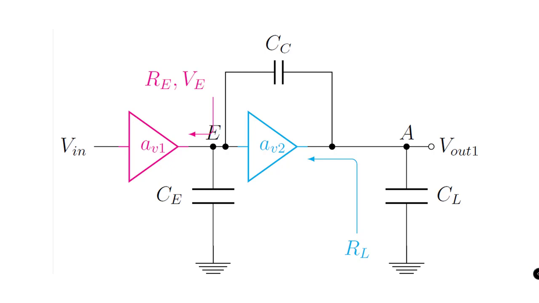Also, one can model the second stage output impedance with the resistance value of RL, and the gain stage can be replaced with a CS amplifier.